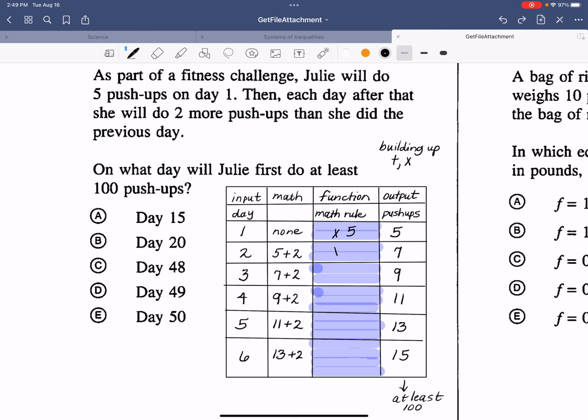So that is not the pattern. That's not the rule. I could say 1 plus 4 to get to 5, but 2 plus 4 is not 7. So neither of those will work. It's going to be a combination of the two things. So what if I said 1 times 2?